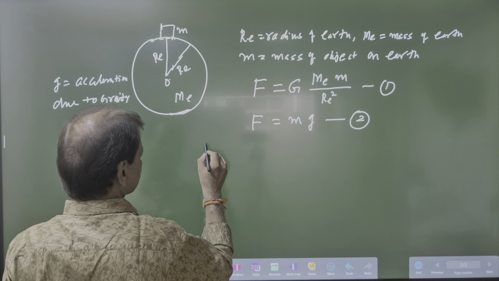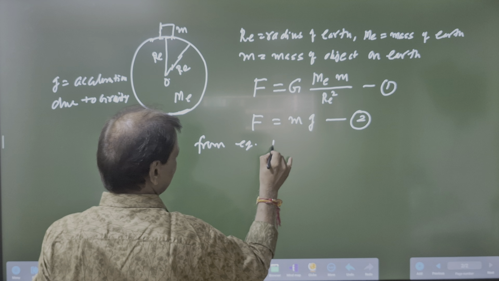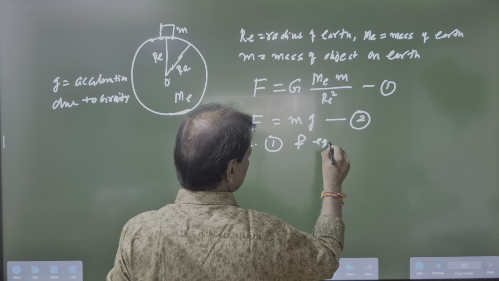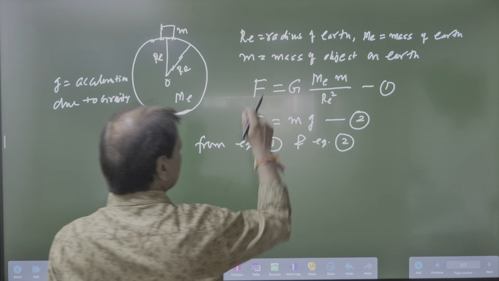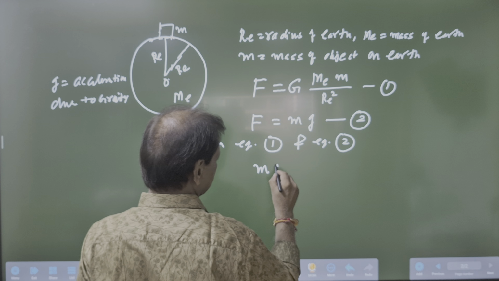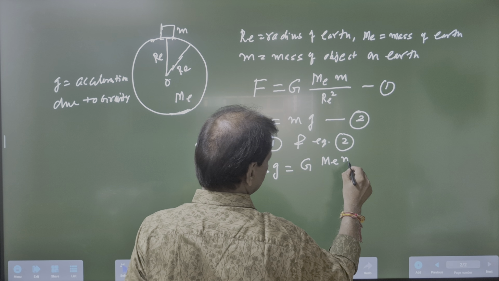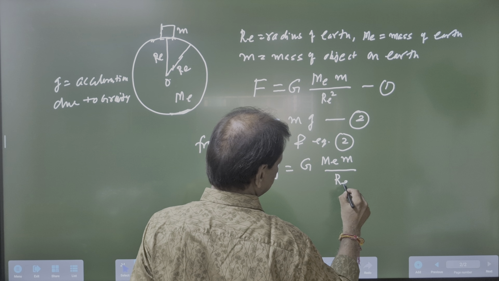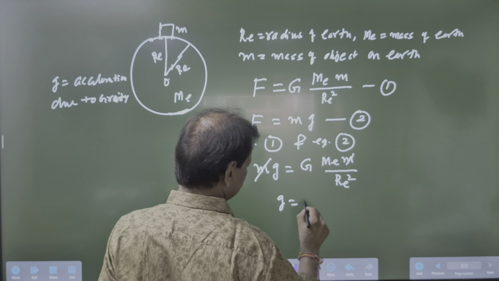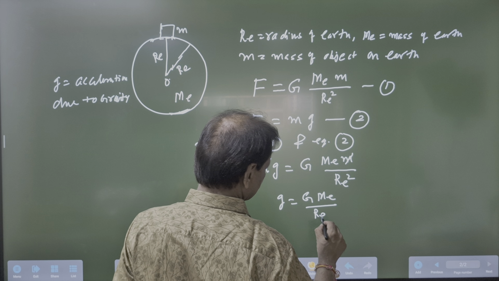So from equation 1 and equation 2, the left hand side is the same, so we can compare them. mg is equal to G ME m upon r square. m and m cancel, so g is equal to G ME upon r square.